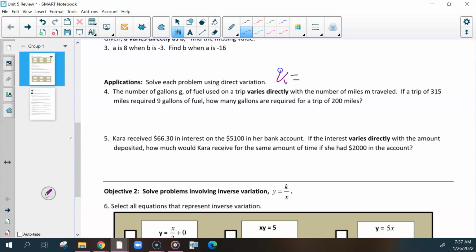How do we find K with direct variation? That's inverse.